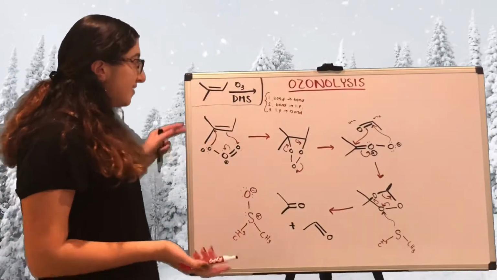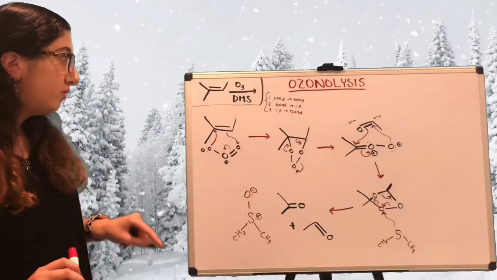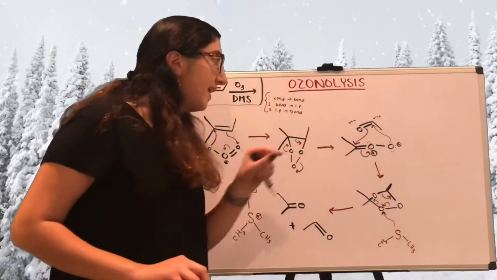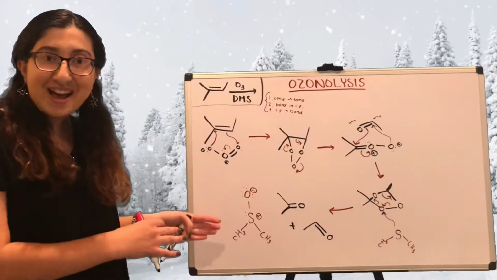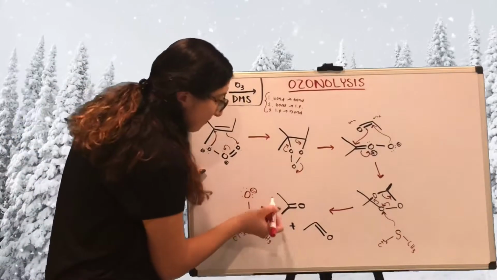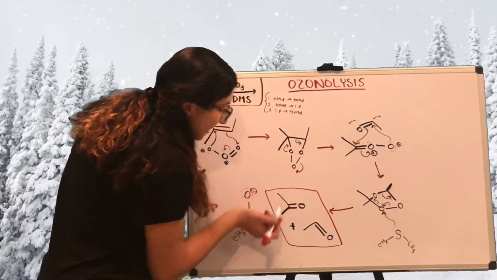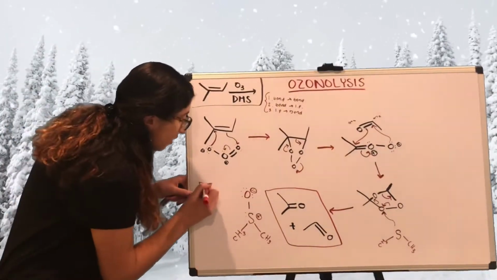If you've noticed, we went from this alkene with ozone, we have connected them, we have split them again, we have connected them again, and finally we have split them to achieve our 2 neutral carbonyls, which is the goal. Yay, perfect. So now, this is what we have here, and our leftover DMSO, as we call it.